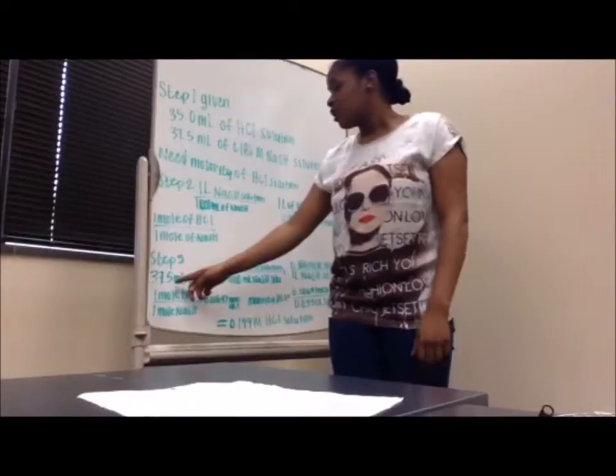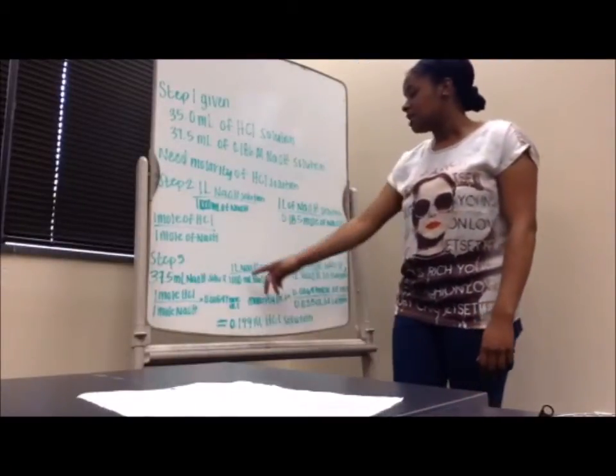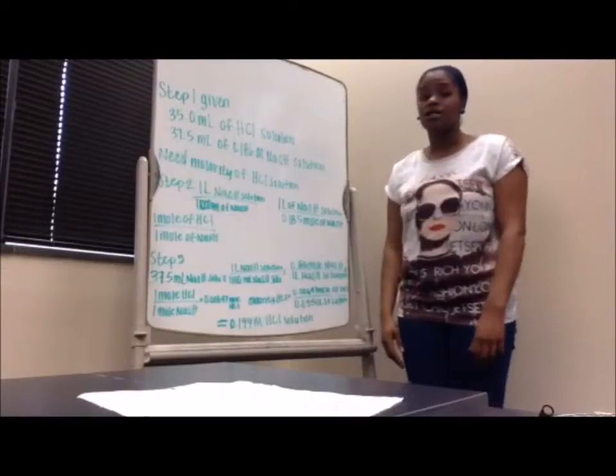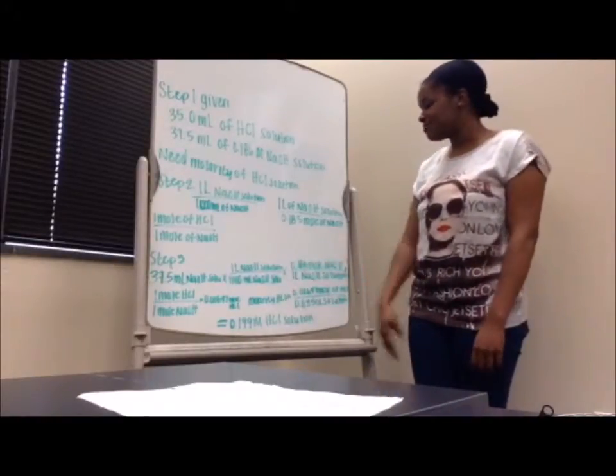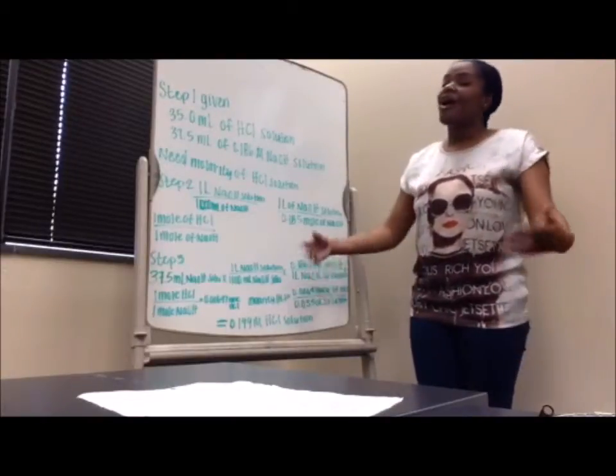You have 37.5 milliliters of NaOH solution times 1 liter of NaOH solution over 1,000 milliliters of NaOH.